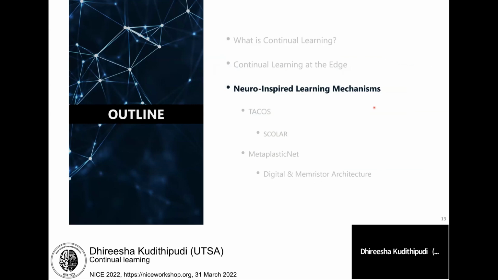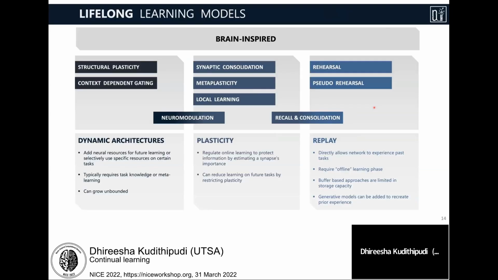So for the next few minutes in the talk, I'm going to talk about the neural plasticity mechanisms that we have used to build some of the models. Before I go into that, I just wanted to give a quick overview of the different mechanisms that researchers are exploring right now to build lifelong learning models.